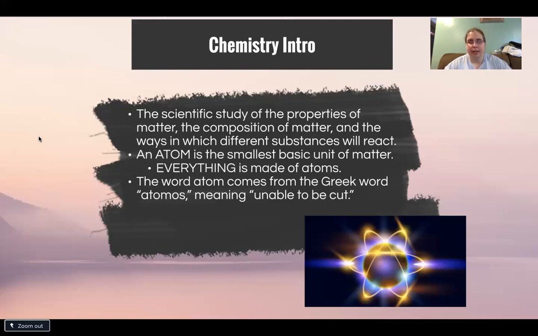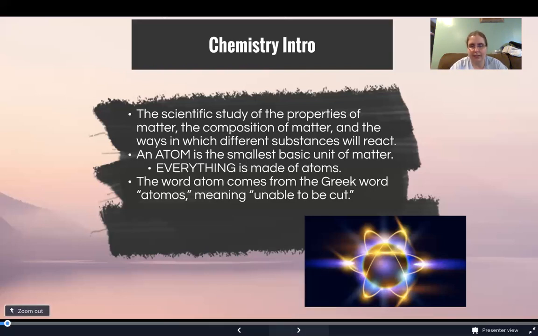And that's why they used the term atomos, meaning unable to be cut, because they actually thought the atoms, these small invisible things that make up everything, must be the smallest possible thing there is. We know today that it's made up of smaller pieces, but it's still impressive that way back in the day, they were able to figure out that all matter had to be made up of something that could not be seen with the naked eye.